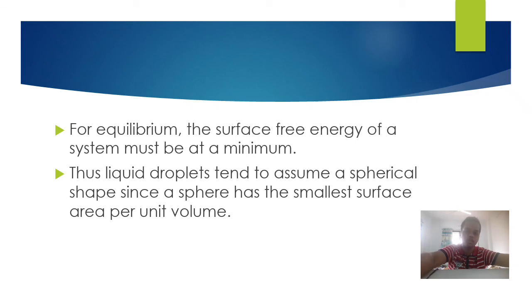As we know from the equation, the lower the surface area, the lower the surface free energy, since they are directly proportional. So if we take a shape having the smallest surface area, it will have less surface free energy. In order to achieve equilibrium, we require less surface free energy, and out of all the shapes, only the spherical shape has comparatively the smallest surface area per unit volume.